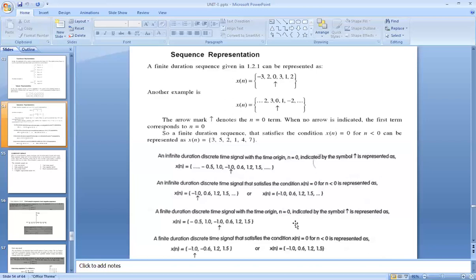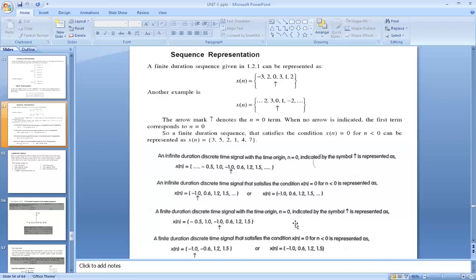This is a finite sequence because dots are not represented on the right and left hand side. So the sequence will start at minus 0.5 and end at 1.5, covering minus 0.5, 1.0, minus 1.0, 0.6, 1.2 and 1.5.